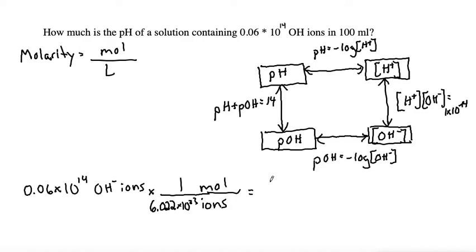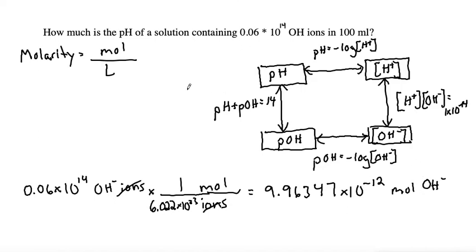Be careful here to use an EE button on your calculator, or put parentheses around the number in the denominator. Otherwise, your calculator will assume the times 10 to the 23rd is actually on top, which will give you the wrong answer. That cancels out the unit of ions, and what I get is 9.96347 times 10 to the power of negative 12 moles of OH⁻.